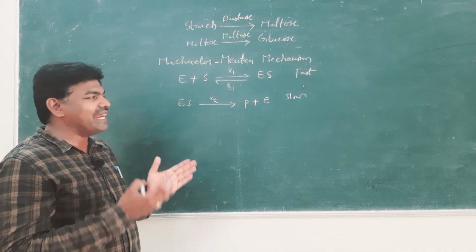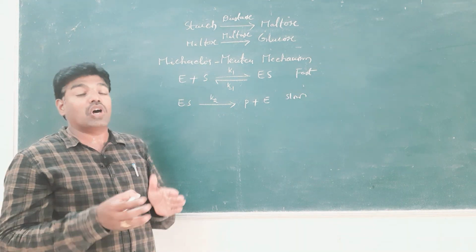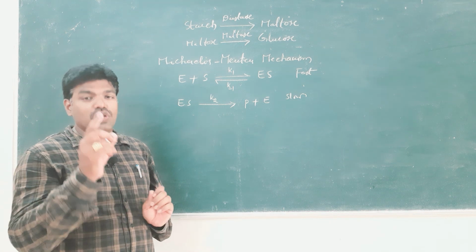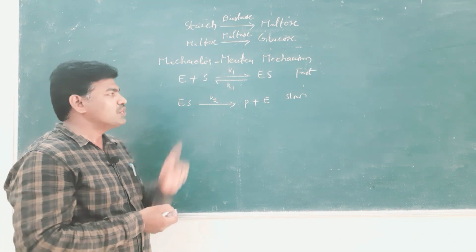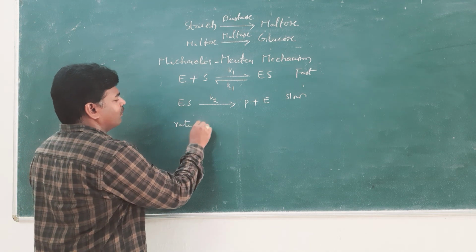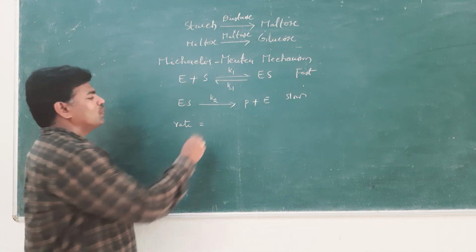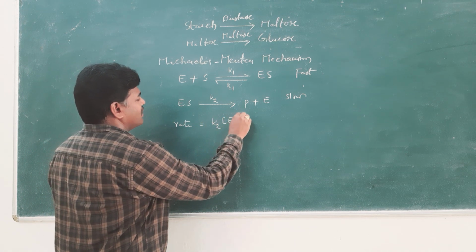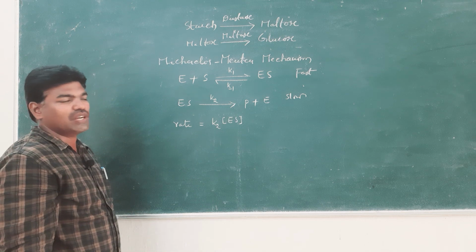So, usually the rate of the entire process depends on the slow step. We all know rate is determined by the slow step of the process, right. So the rate of this process is equal to K2 into the concentration of ES, the enzyme substrate complex.